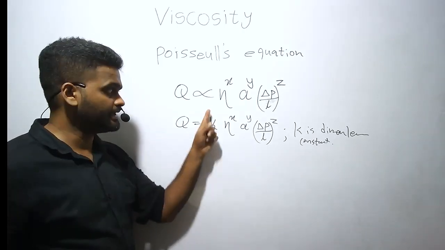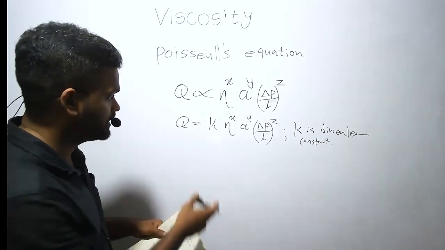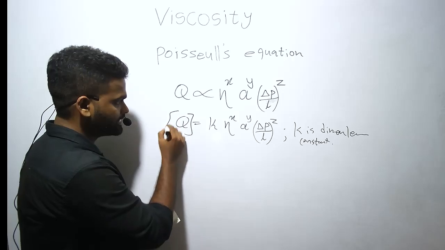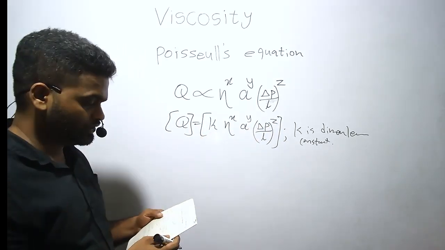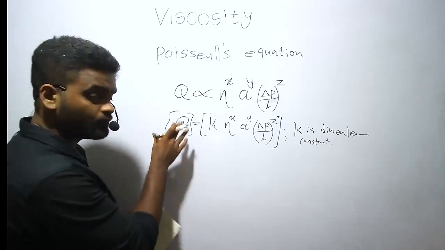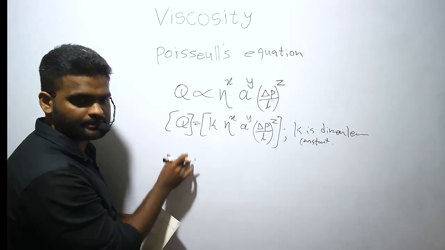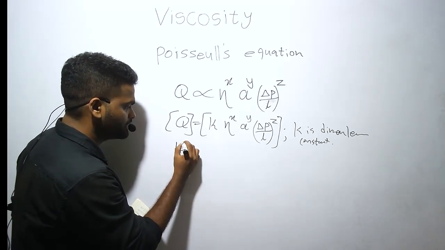So in order to find x, y, and z, what should we do? You have to say that both sides have the same dimensions. So what is Q? Q is volume flow rate, volume divided by time, right? What is volume?